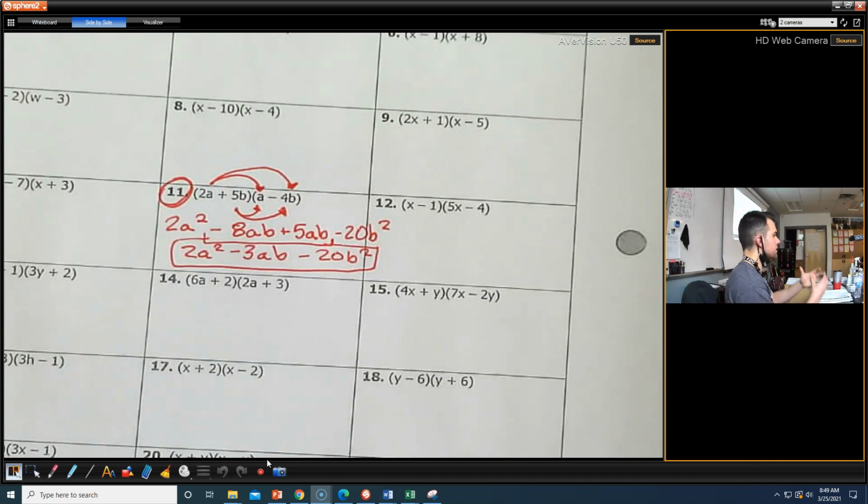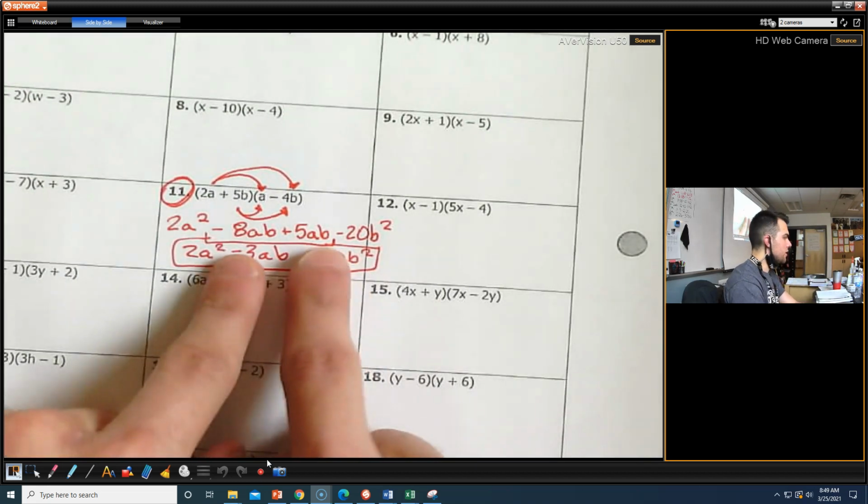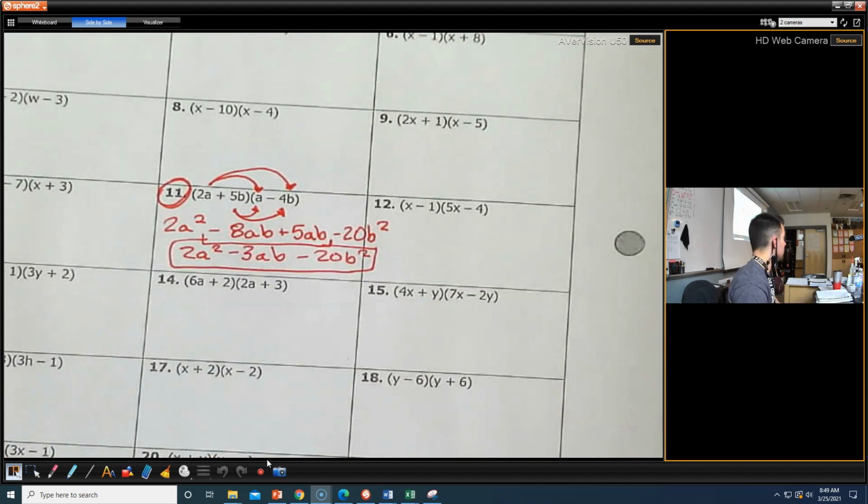It doesn't matter if you have b times a or a times b. Either way, they're like terms, but I want you aware of that. Common misconception, all right? Again, same variables and same exponents. That's all you're looking for.